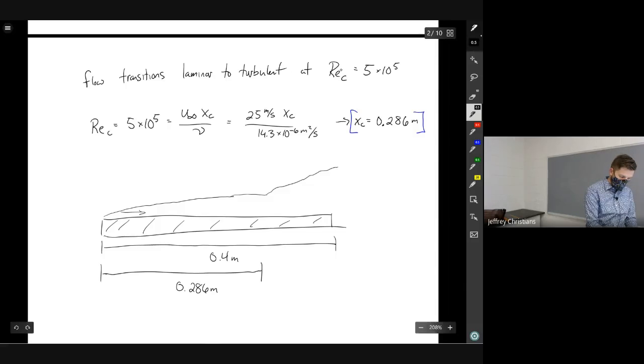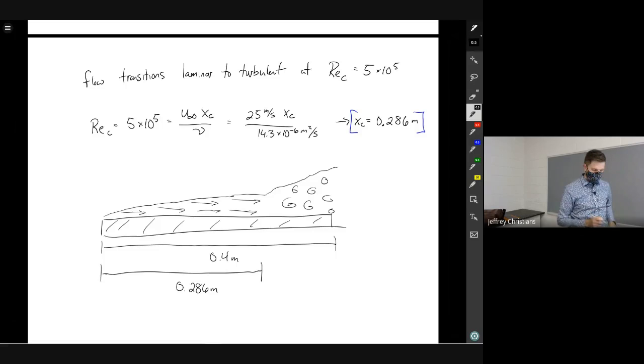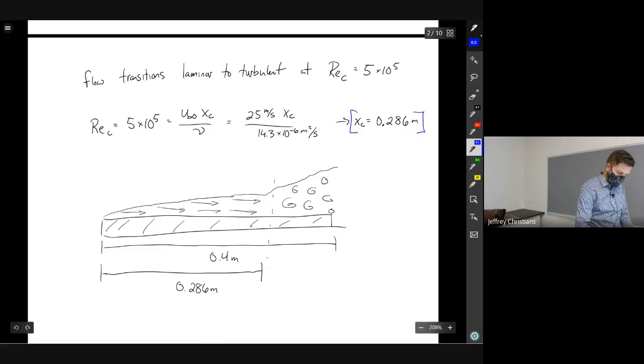So in this region, our flow is all laminar, and in this region, it's all turbulent. So we have this dividing line between the two, and we'll handle each separately.